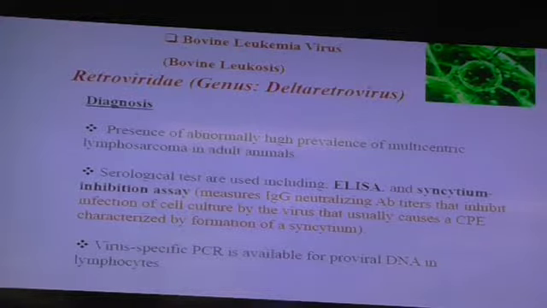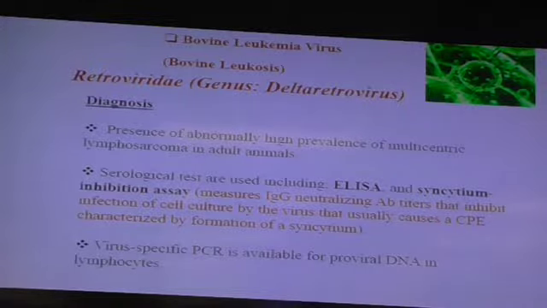If syncytium is not produced, that's an indication that those patients have antibodies against the virus and are infected. If there is no antibody, then they would not inhibit the virus, and the virus can infect the cell lines and produce a cytopathic effect, which in this case is the presence of syncytium.